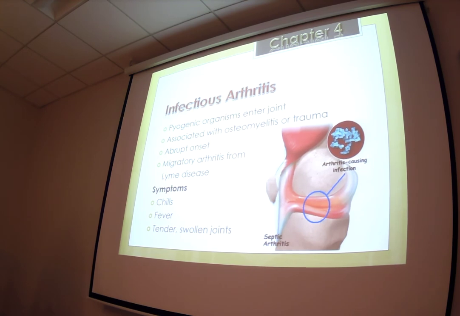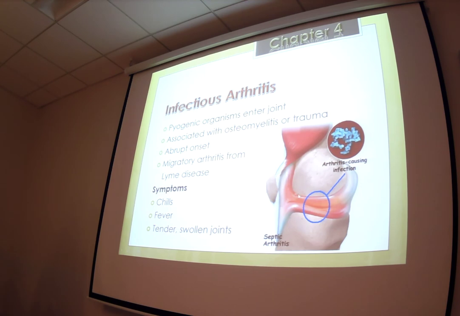Also, pyogenic organisms can get in there and start the infection as well. It is a very abrupt onset. There's usually no warning, if you will. It can also be migratory arthritis from Lyme disease.